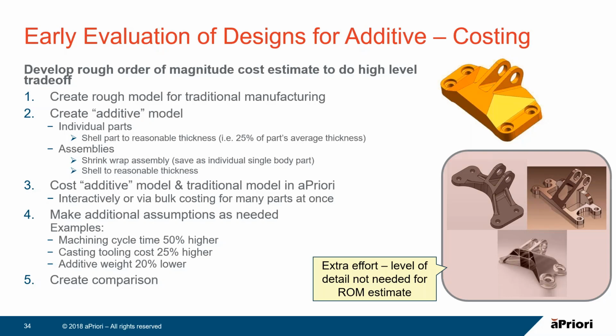So let's say for this specific component, we might have 50% more cycle time by going with a fully machined model, or we might have 20% higher casting tooling costs, or our additive mass might actually be 20% lower than what we calculated based on our simple shelling. Once we apply those assumptions, then the last step is to create a comparison and then use that information to help us make that decision, taking into account things like performance, like weight savings, like long-term cost benefits.